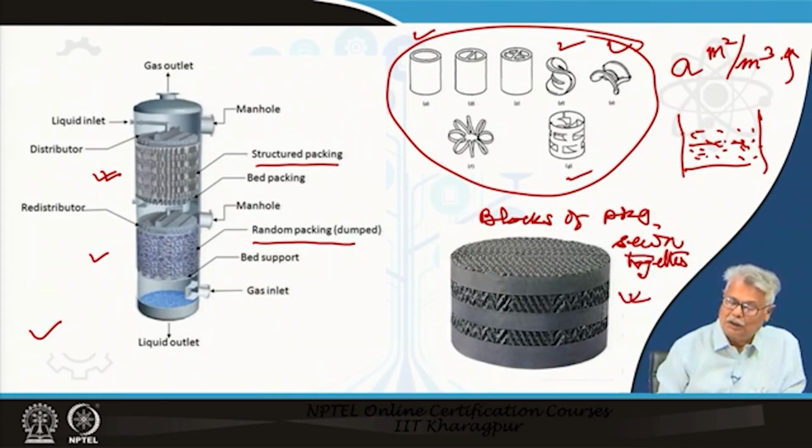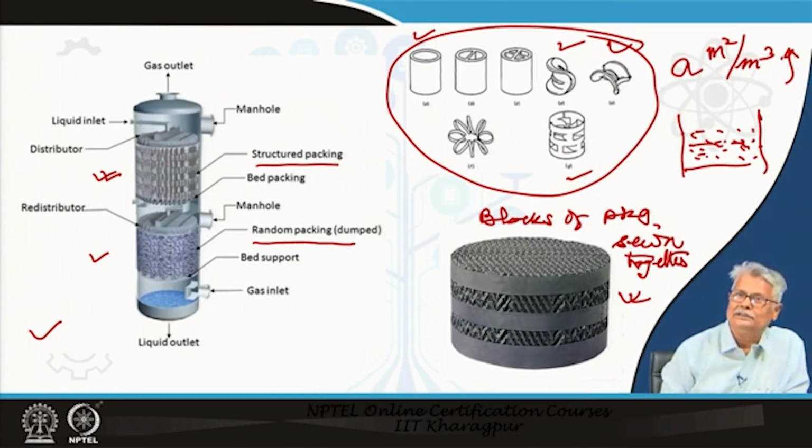What you normally find is these will have a circular cross section and it will be placed here. What are the advantages of this type of packing? They offer you a higher A, number one. The second thing, they offer you a lower pressure drop per depth. So, both ways they are advantageous.